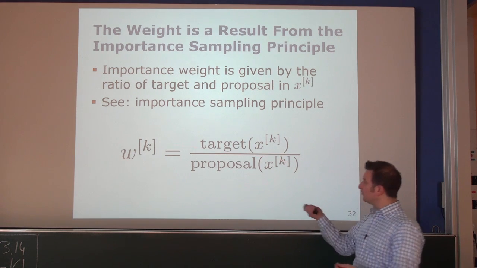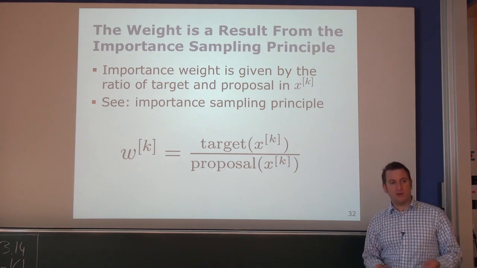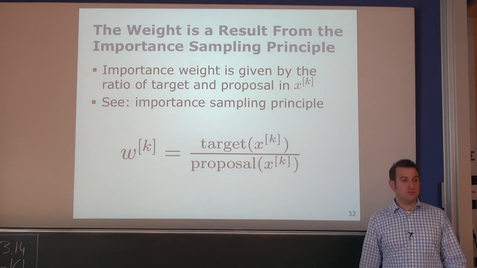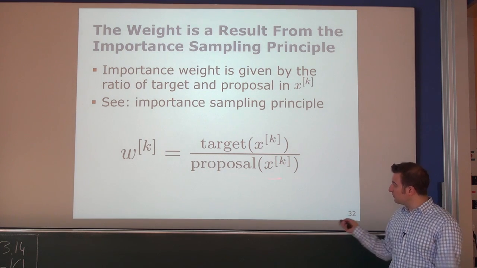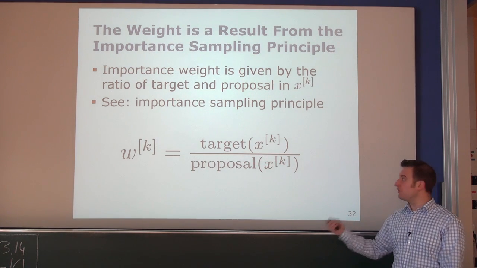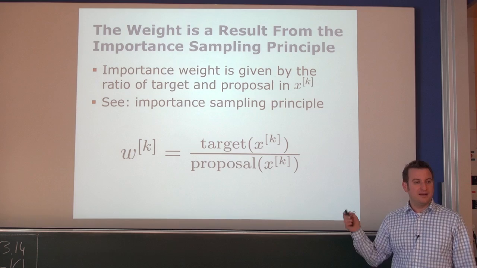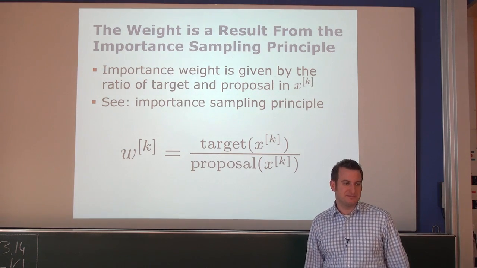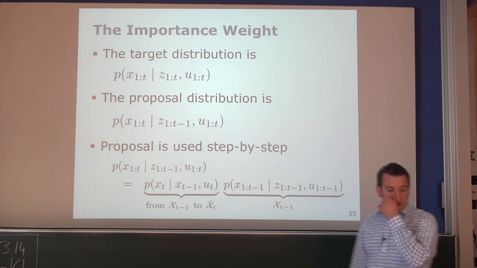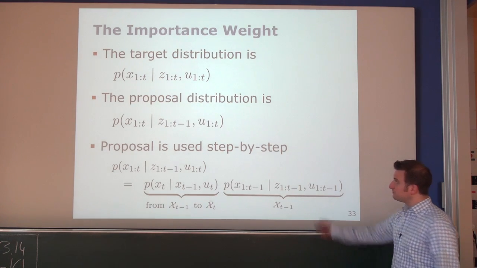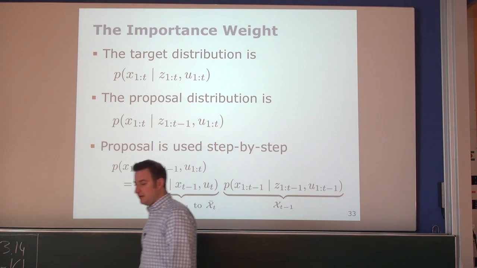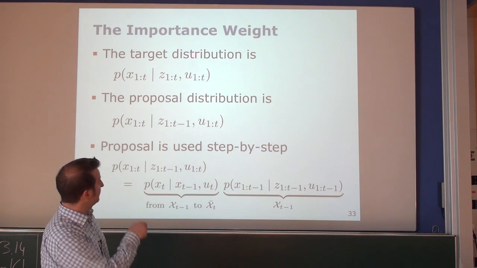This is exactly what is shown over here. What I now want to do is start from this equation and tell you I have a certain target distribution which I want to approximate. I use a certain proposal distribution. We'll do some derivations, and in the end, this equation which I have shown should evolve from that. Okay, so my target distribution is the trajectory, the path of the robot given the observations and given the control commands.